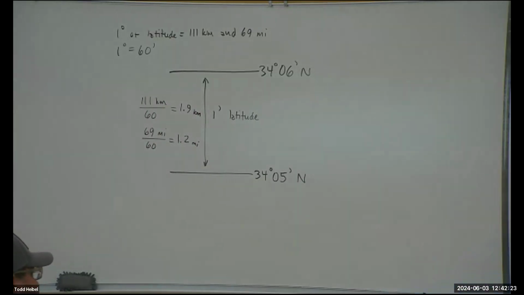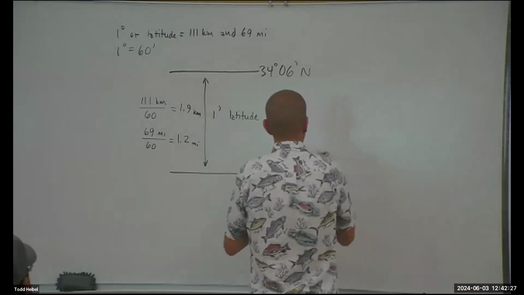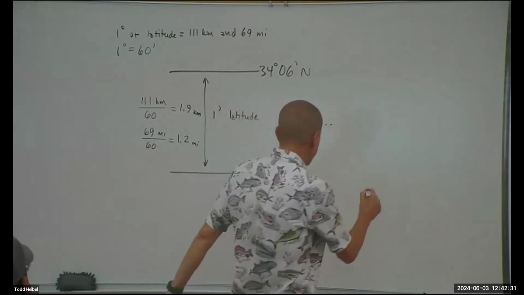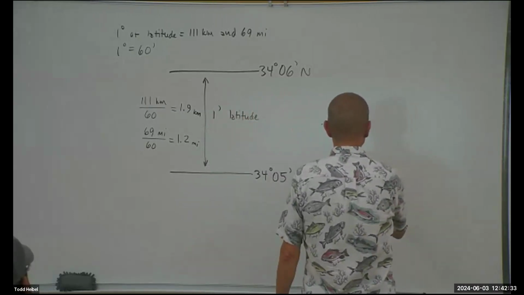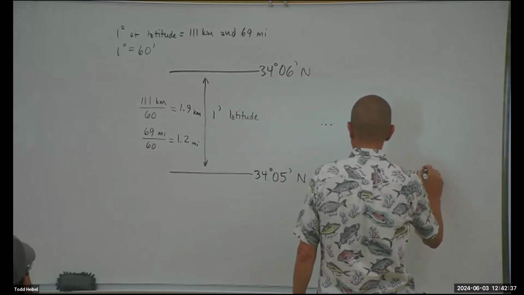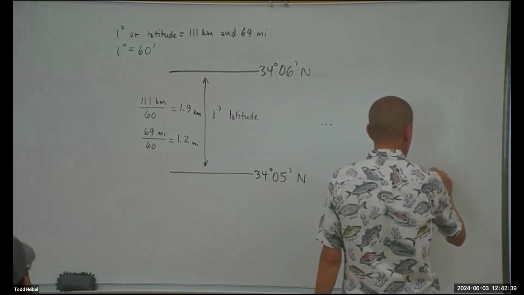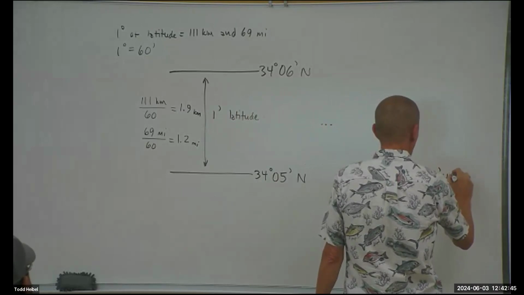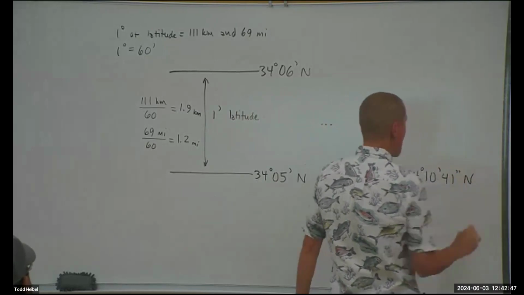Okay. And again, that is what we would do. What if we get into 1 second? This is how we would write it. Let's say we have 34 degrees, and I'm just going to totally make this up, 10 minutes and 41 seconds north.